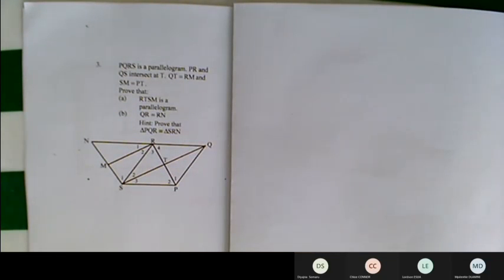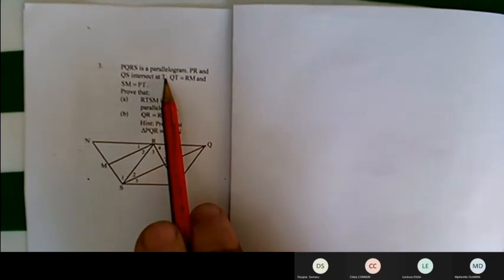Right, our information here is PQRS is a parallelogram. PR and QS intersect at T.